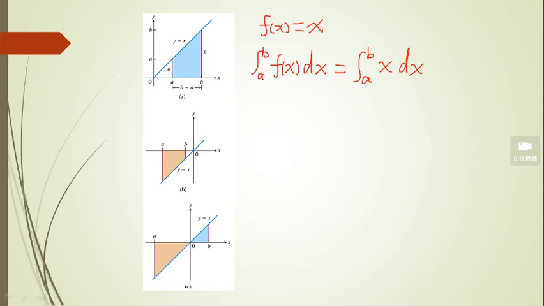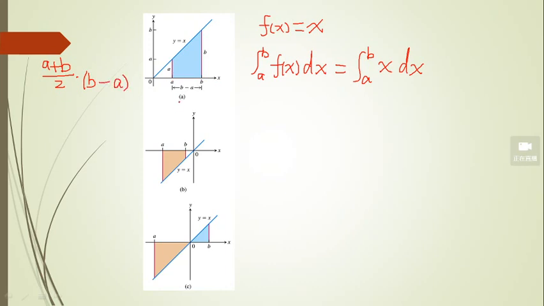It should be the short length plus the longer length, over 2, times the height. What is the height for this trapezoid? b minus a, right?